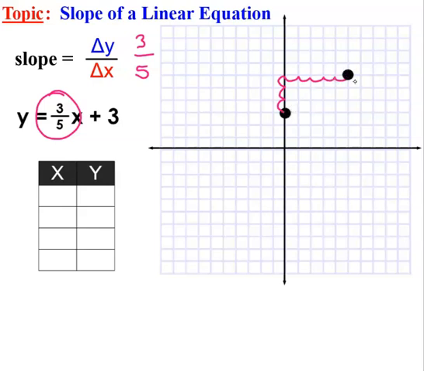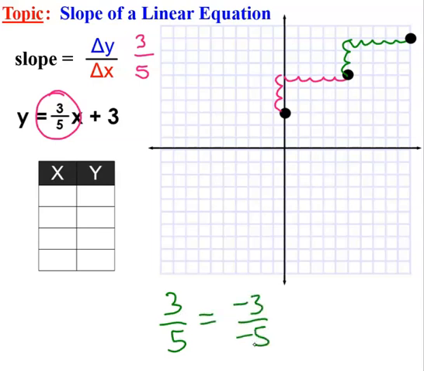Now I can follow those slope rules again if I'd like. Delta y is 3, delta x is 5. And I plot another point, right here. Now I can also reverse this slope if I'd like. 3/5 is the same as negative 3 over negative 5. So instead of going up 3 and right 5, I could go down 3 and left 5.